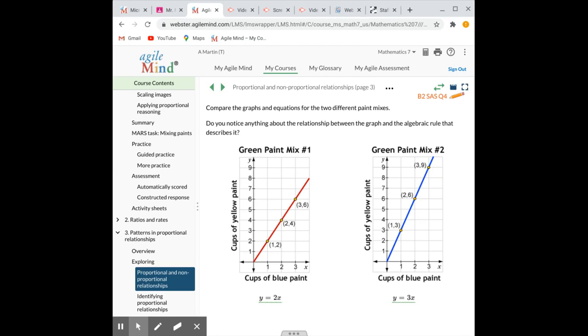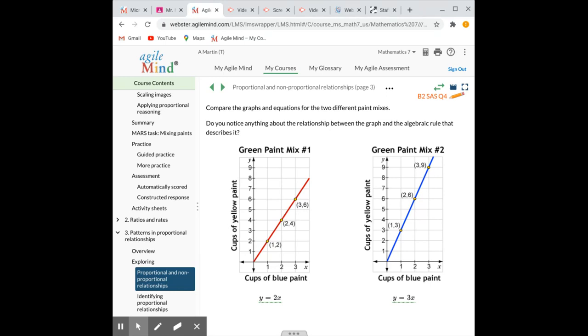All right. And so remember, that is the form that we always create equations with for proportional relationships: y equals k times x. Now, the way that they're different, is k the same for both of them? Is the constant the same?